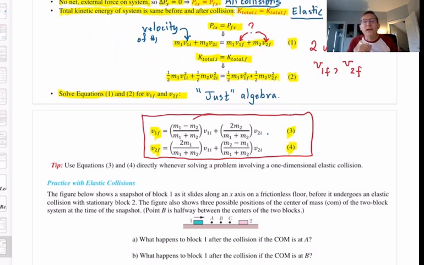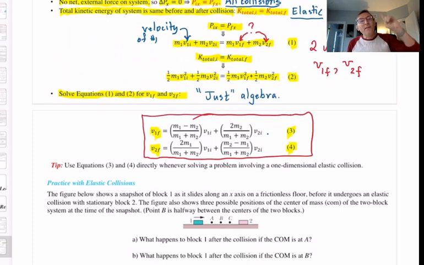Now we're going to do some practicing with these so we can start to get some insights from physics that's contained in these formulas. But I will give you just one more tip about using equations 3 and 4. This is one of the few occasions where I will just go to what I call canned equations. I called 3 and 4 canned equations. Specialized, only valid in a very limited situation, and therefore not that important in the big picture.